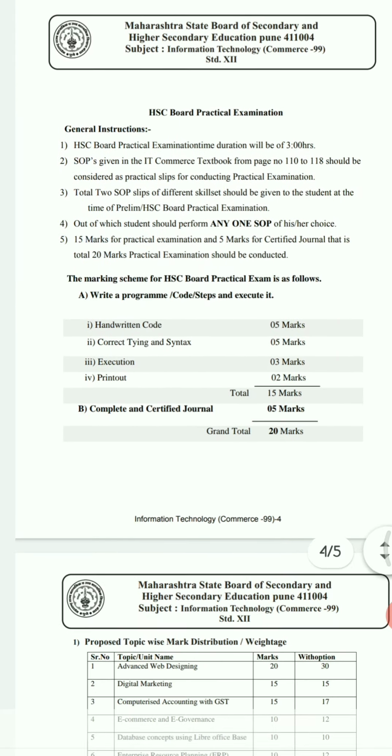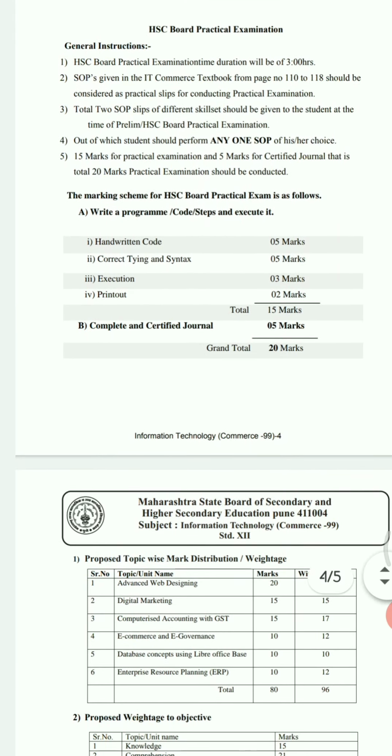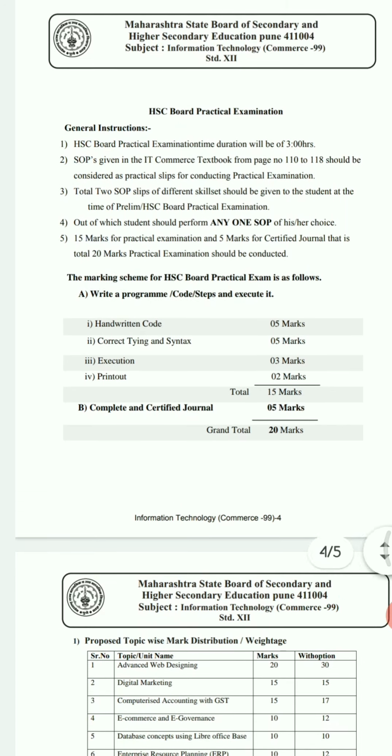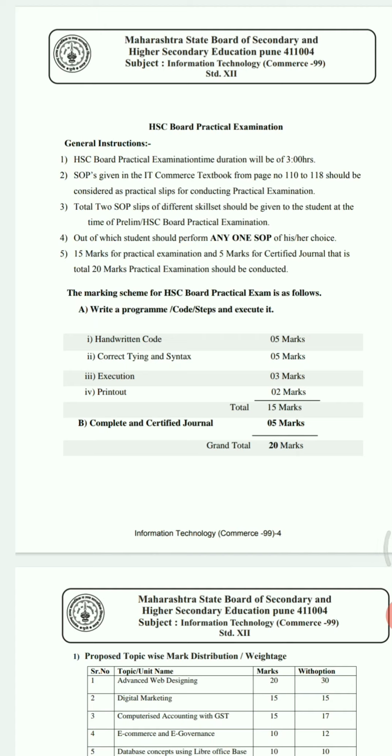After that you have a practical examination. The HSC board practical duration is 3 hours in total, and you have a different section in your textbook, the SOP section, the skills of practical sections, the online practical session, which is at the end of your textbook.